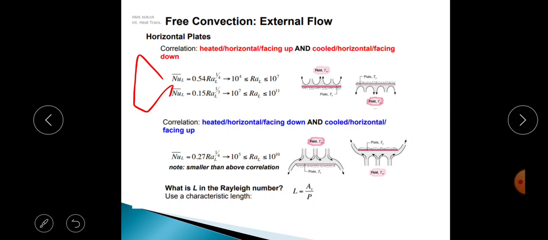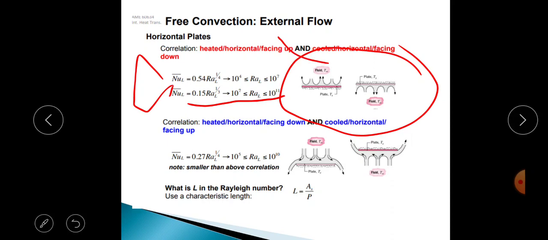One more thing to note is that the notations may be somewhat different. And for a cooled horizontal facing downwards, it is Nu_L equals, it's like this, so Ra_L should be between 10 to the power 7 and 10 to the power 11. This picture denotes these two. The first one is the heated horizontal facing up, and the other one is the cooled horizontal facing down.